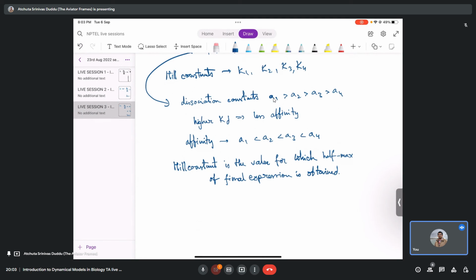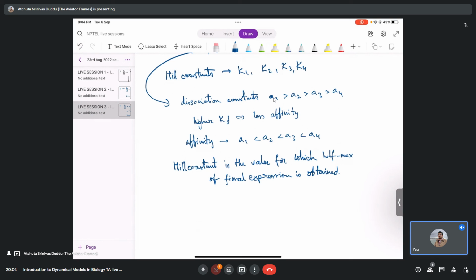So since we have the order of affinities, if the promoter has very high affinity, then even at low transcription factor concentration, it would get saturated. That is, even if the transcription factor is low, they would definitely go towards that particular promoter site and bind. So the half maximal value for that particular promoter would be less.